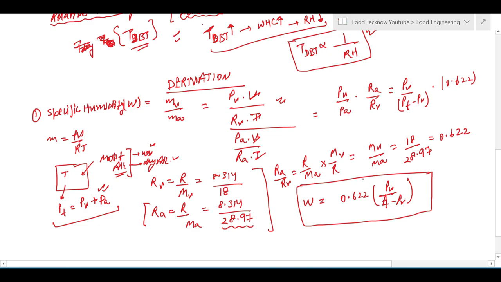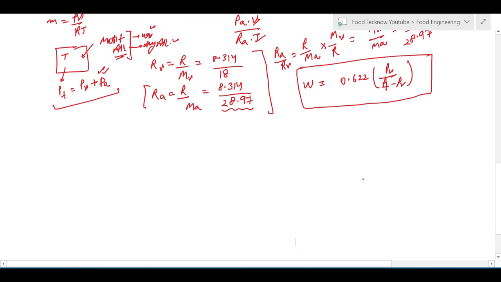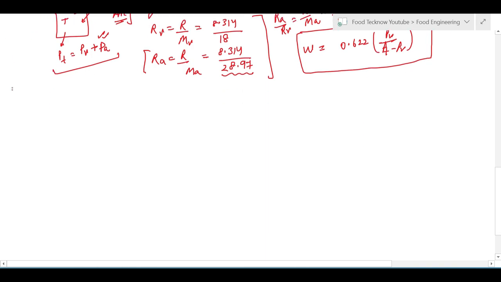Okay, and now let's look at the other thing, that is the relative humidity. Let's understand relative humidity and look at its formula. So this is for the relative humidity.